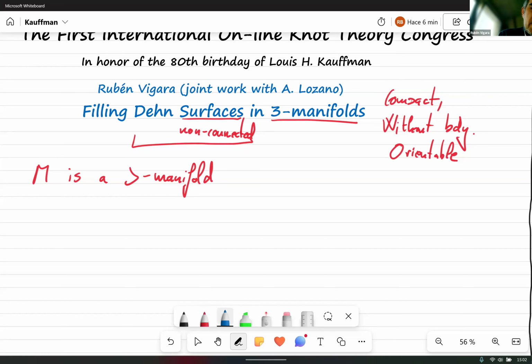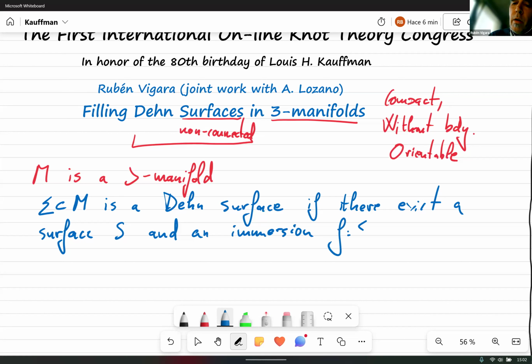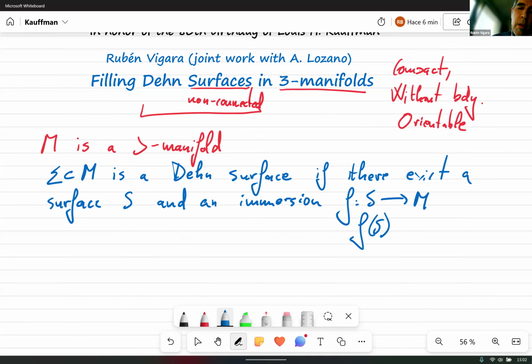A subset sigma in M is a dense surface if there exists a surface S and an immersion F into the three manifold such that F of S is sigma, and sigma has only transverse singularities.